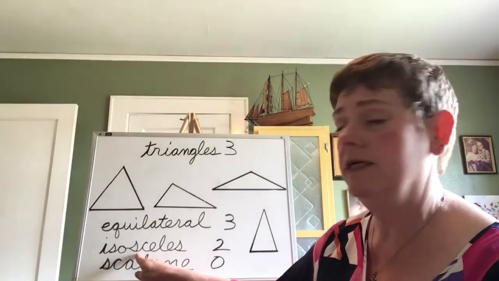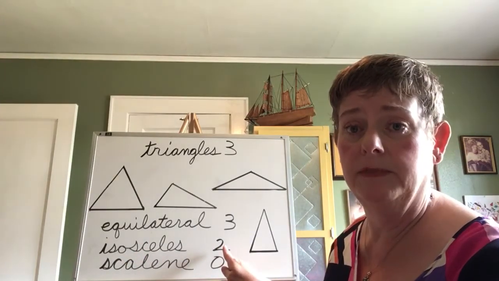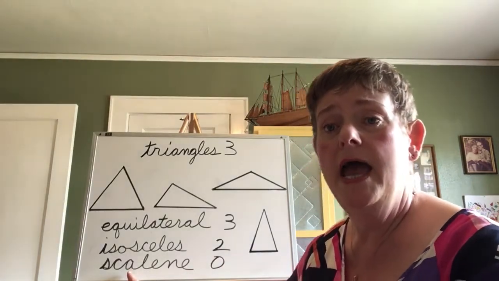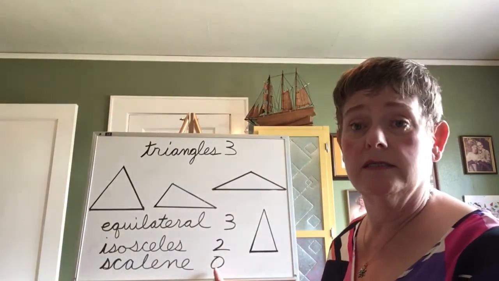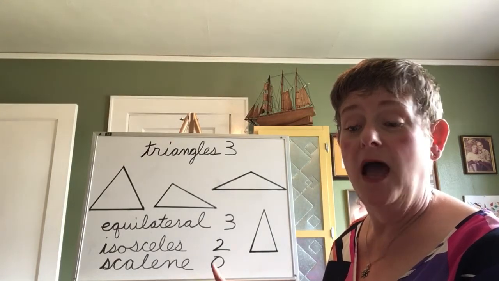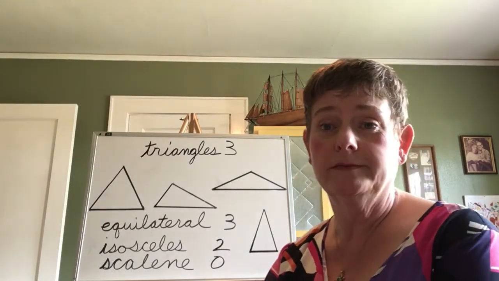An isosceles triangle has 2 sides that are the same length, and a scalene triangle has no sides, 0 sides that are the same. I will wait for a while as you write these down.